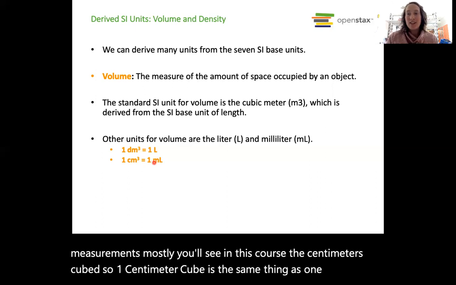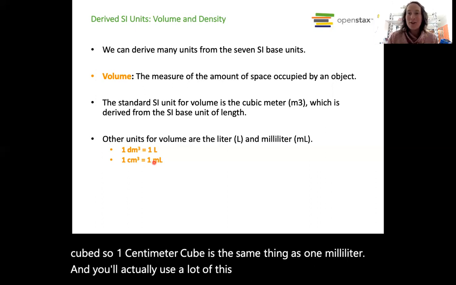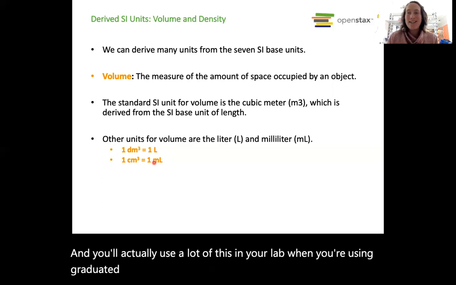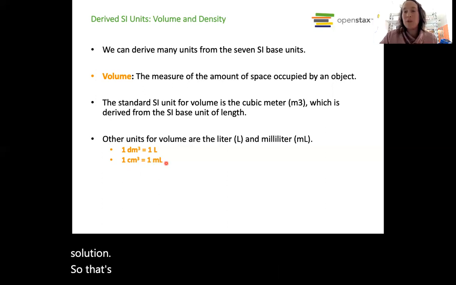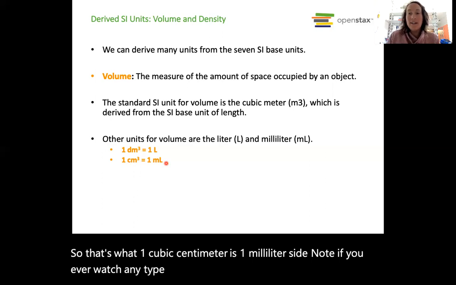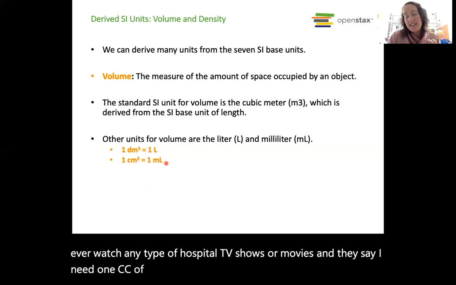You'll actually use a lot of this in your lab when you're using graduated cylinders to measure out 1 to 10 milliliters of a solution. So 1 cubic centimeter is 1 milliliter. Side note, if you ever watch any type of hospital TV shows or movies and they say, I need 1 cc of blah or push 2 cc's of blah, cc stands for cubic centimeter, right?